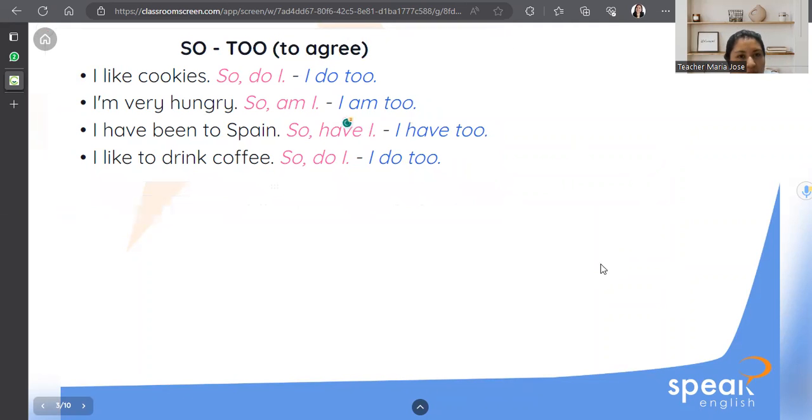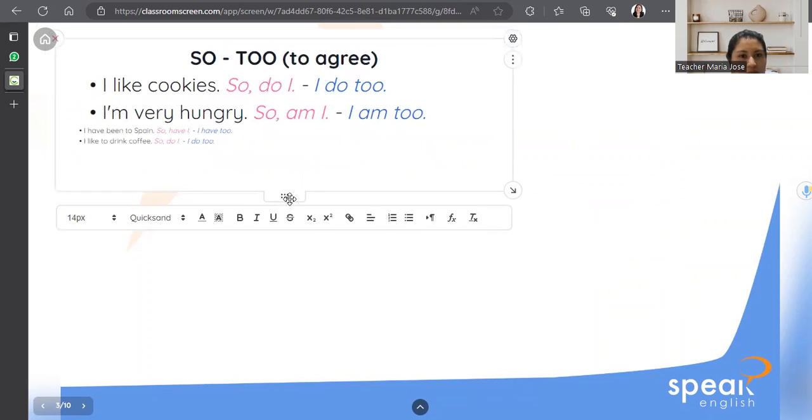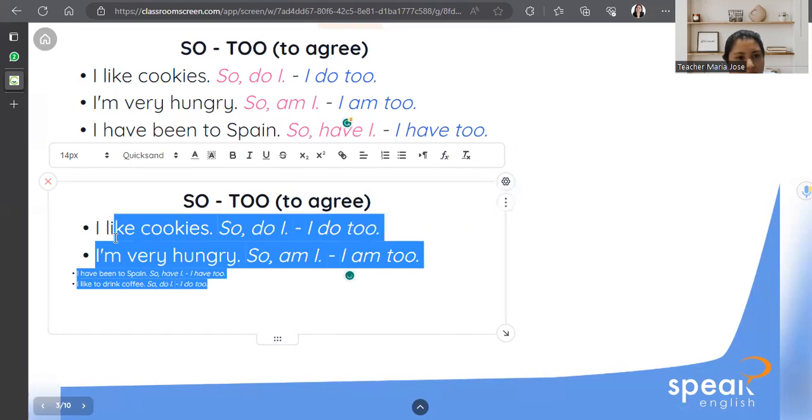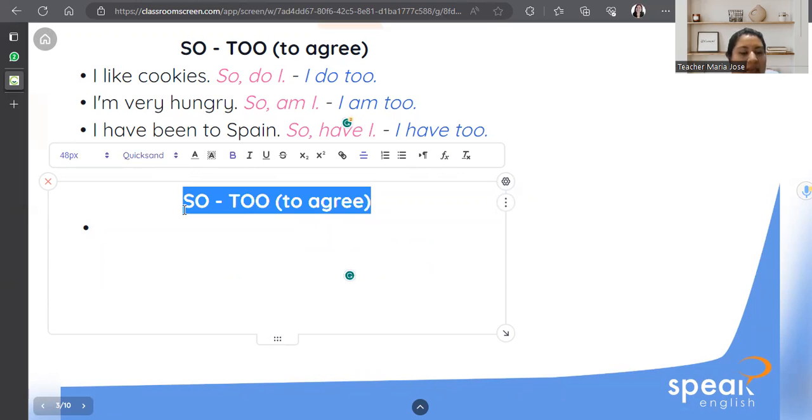Now, we are going to continue practicing, but now it's something different. Let me put it over here. Okay, now in the same class, we were checking the information about either.